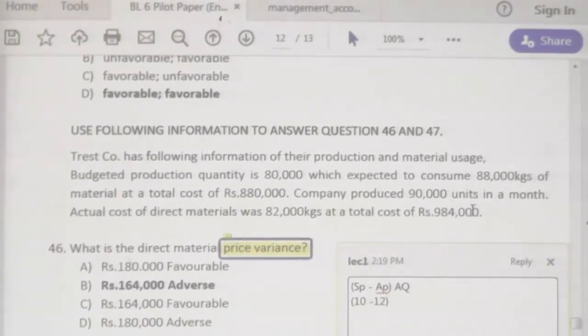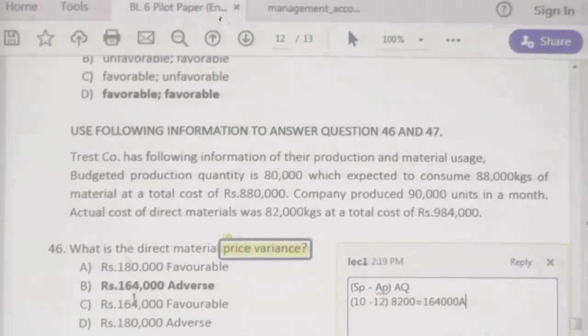You can see you have incurred an additional 2 rupees per kilogram. The actual quantity you consumed is 82,000. Therefore, the answer will be 164,000. Since you have incurred 2 rupees more, that is an adverse variance. Answer: 164,000 adverse.